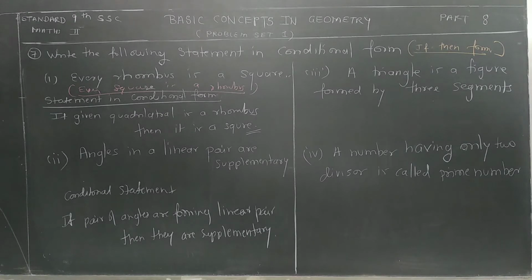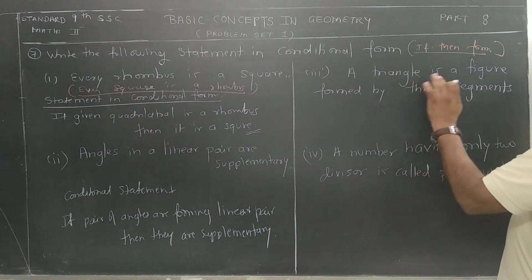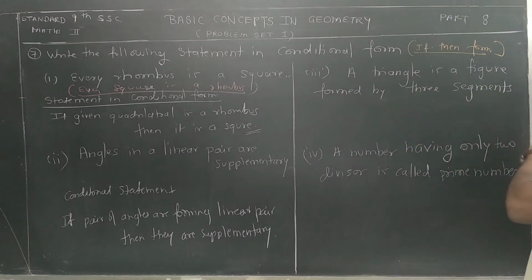What is that? A triangle is a figure formed by three segments. So what can I write? If a given figure is a triangle, it is formed by three segments. Same thing.